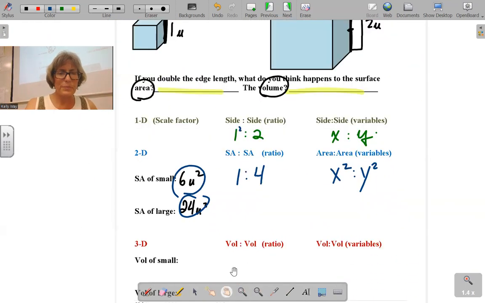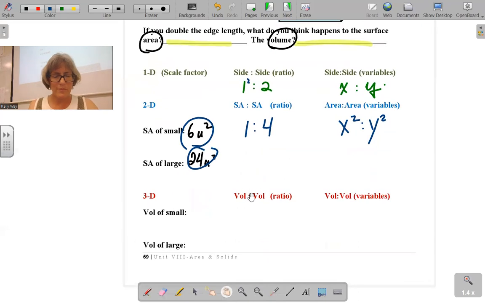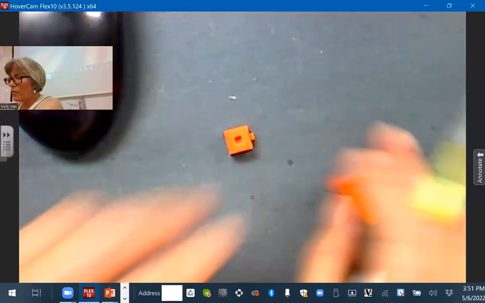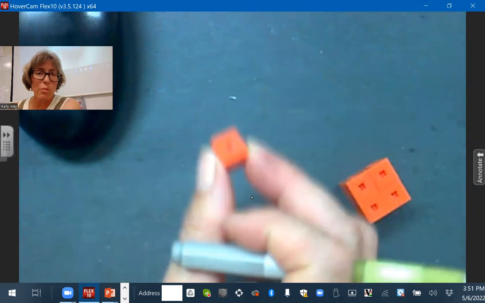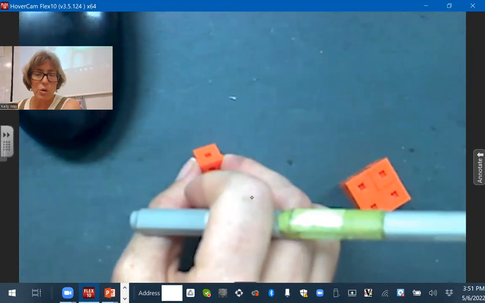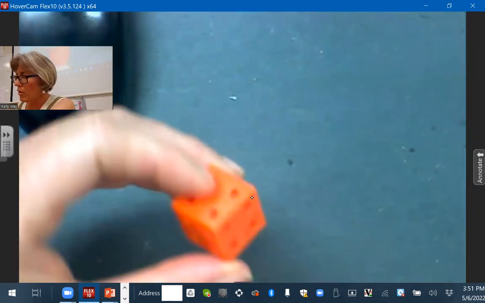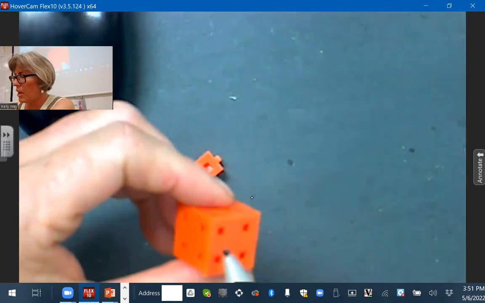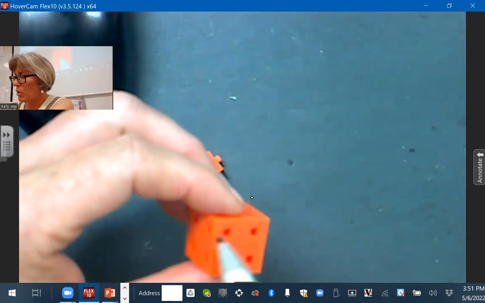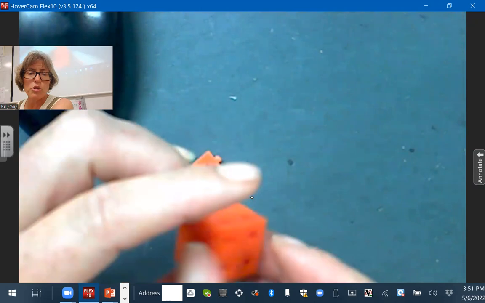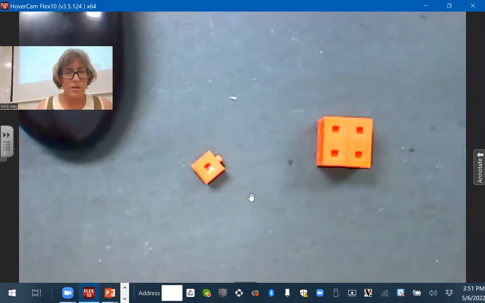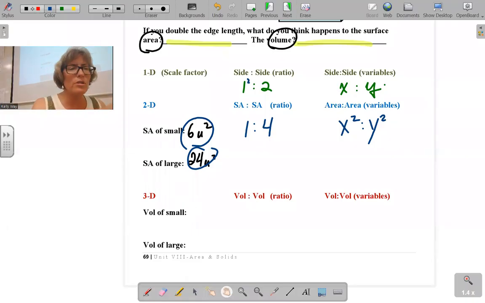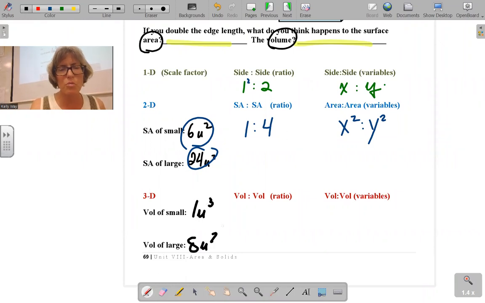Volume. The volume of this is simply 1 cube, 1 physical cube. The volume here, you think physical cubes, it's made up of 1, 2, 3, 4, 5, 6, 7, 8 cubes total. So my volume is 1 unit cubed and 8 units cubed.